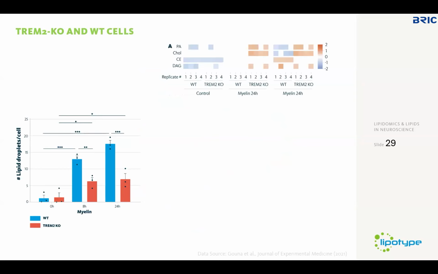We also saw that lipidomic analysis reveals that TREM2 deficient phagocytes not only fail to generate cholesterol esters, but are also deficient in other lipid species like TAGs.